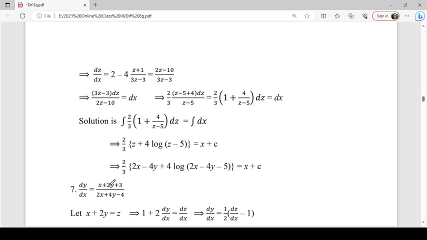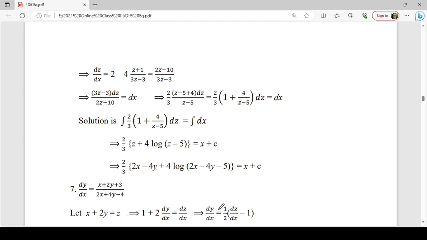This is also the same: x plus 2y, this is 1 by 2, and this is also 2 by 4, which means 1 by 2. So they are proportional, and we substitute x plus 2y as z. So we have the derivative of x is 1, the derivative of 2y is 2 dy/dx, and the right hand side is dz/dx.